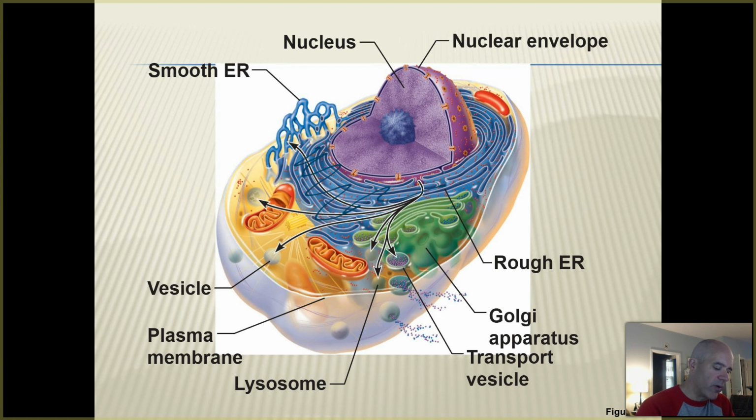This big blue structure here, that's called the endoplasmic reticulum. It's abbreviated as ER. And the rough ER has ribosomes attached to it. And if you're looking at that diagram more closely, you'll see all those little pinkish red spots there attached to the ER. Those are supposed to be the ribosomes that are attached to it.